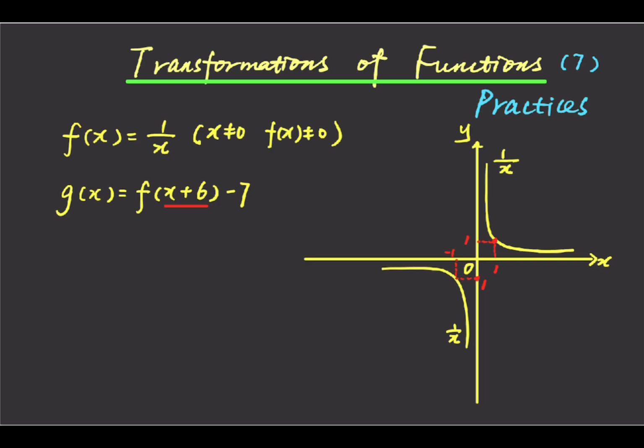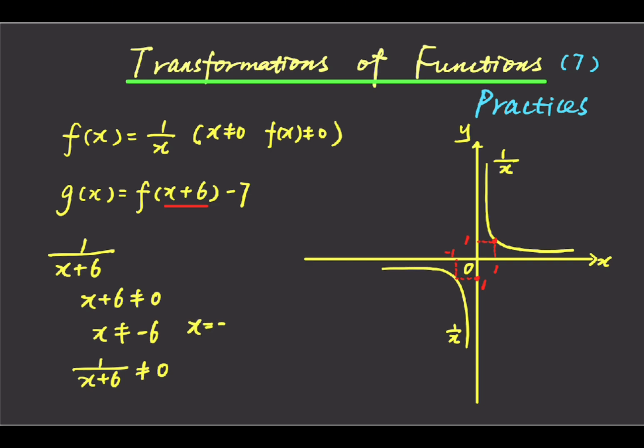That is to say, this denominator should be replaced with this one, 1 over x + 6. Here, you need to know, in the position of the denominator, x + 6 cannot be equal to 0 forever, so x cannot be equal to negative 6 forever, and this coefficient will not be equal to 0 forever, so we can figure out x equals negative 6 and y equals 0 should be the corresponding asymptotes, but x equals negative 6 should be the vertical asymptote, y equals 0 should be the horizontal asymptote.